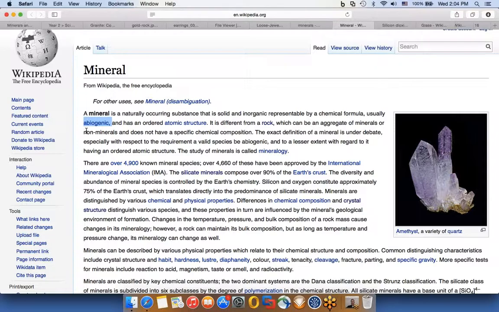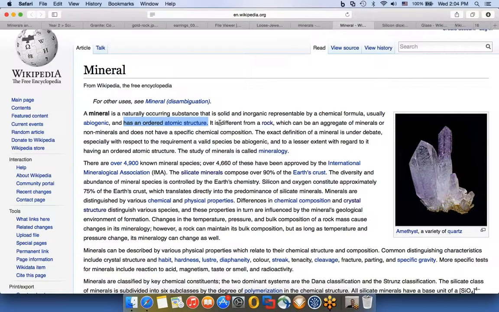So minerals are different from some of the carbon-based structures and so on that we create as a biological entity. So that's the difference between that. It also says that it has an ordered atomic structure.